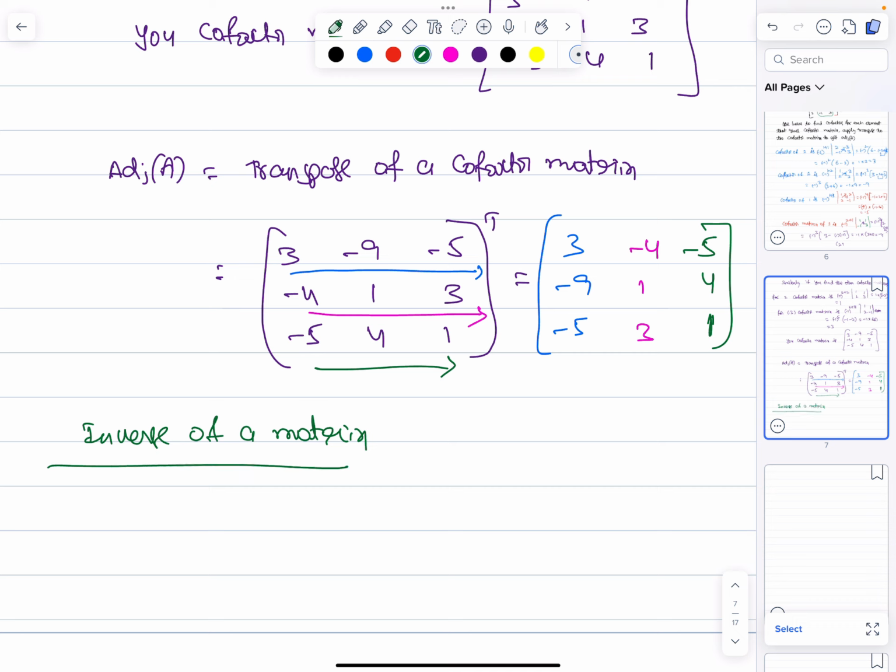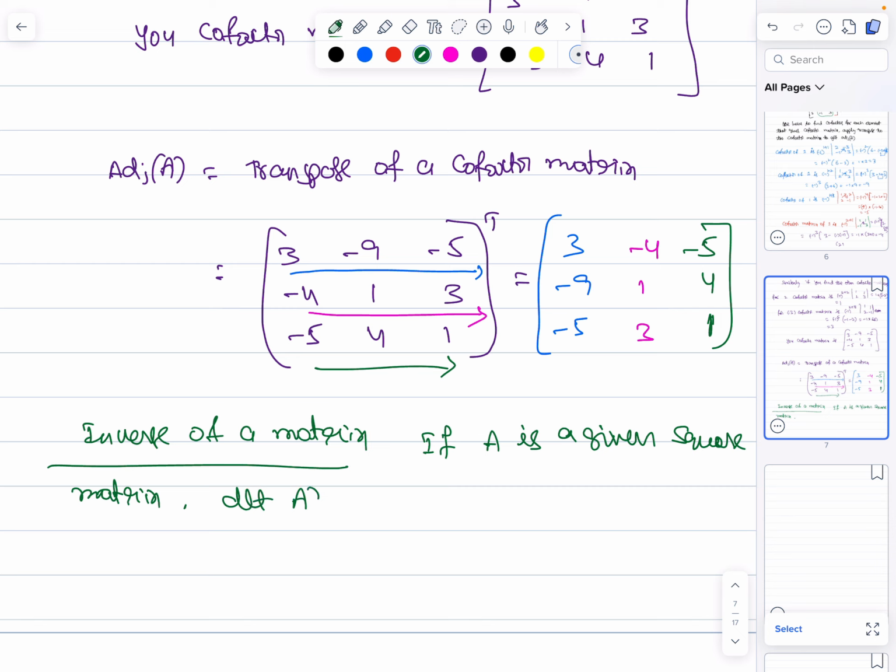So inverse of A: if A is a given square matrix, of course adjoint and all those things are valid for square matrices, and the determinant of A is not equal to 0, then we can find A inverse. What is that A inverse?